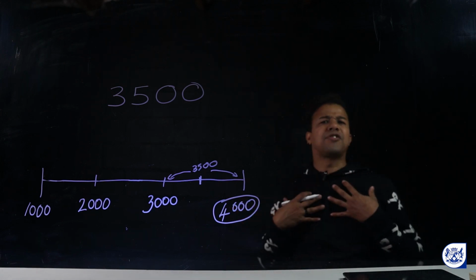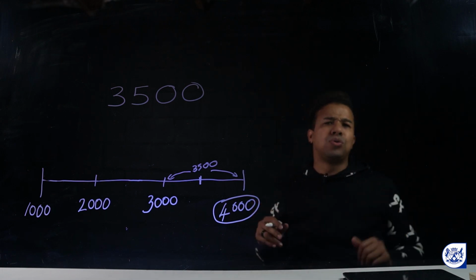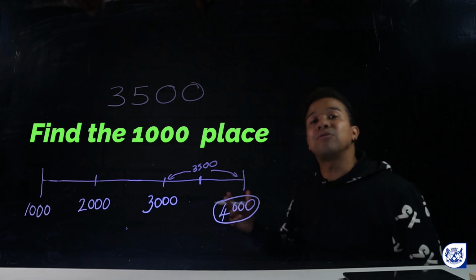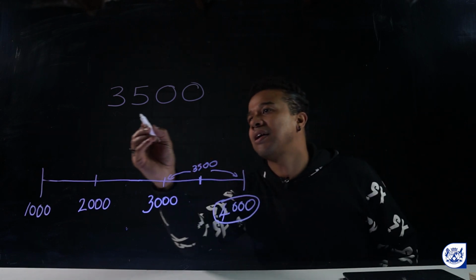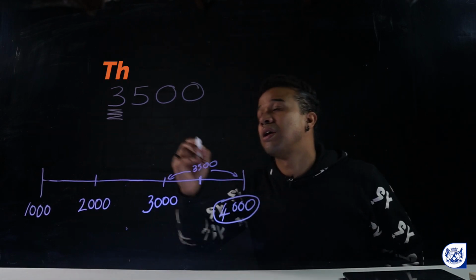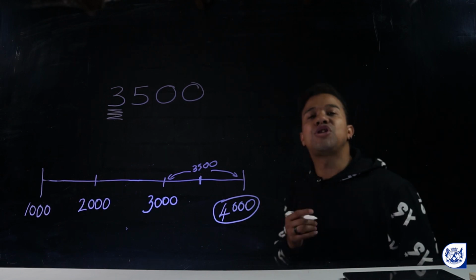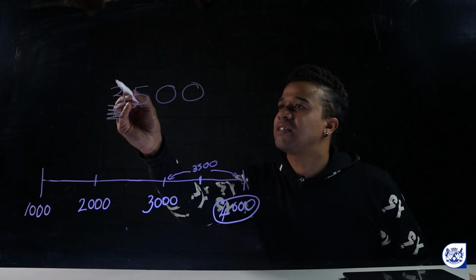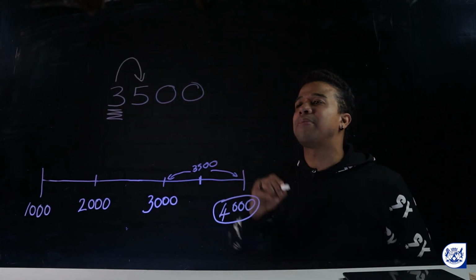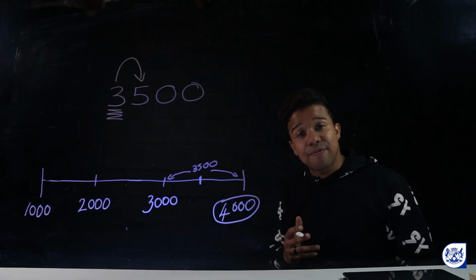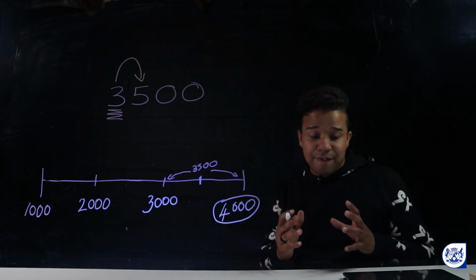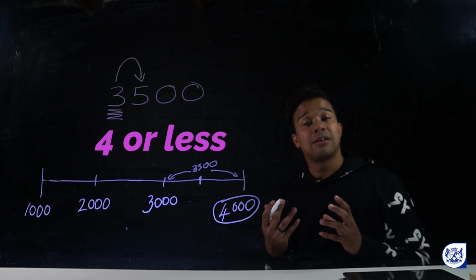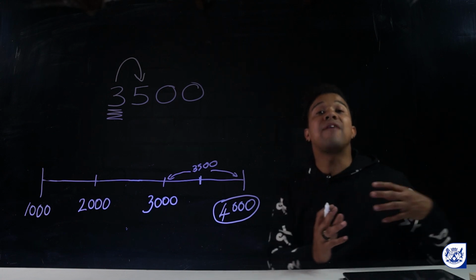And I'm so comfortable with this already, and I'm sure you are too. Step 1, see which number is in the 1,000 place. And it's the number 3. Then we have to look at which number is next to the number 3. And in this case, it's the number 5. Is the number 5 in the 5 or more category or in the 4 or less? Clearly, it's 5, so it's in 5 or more.